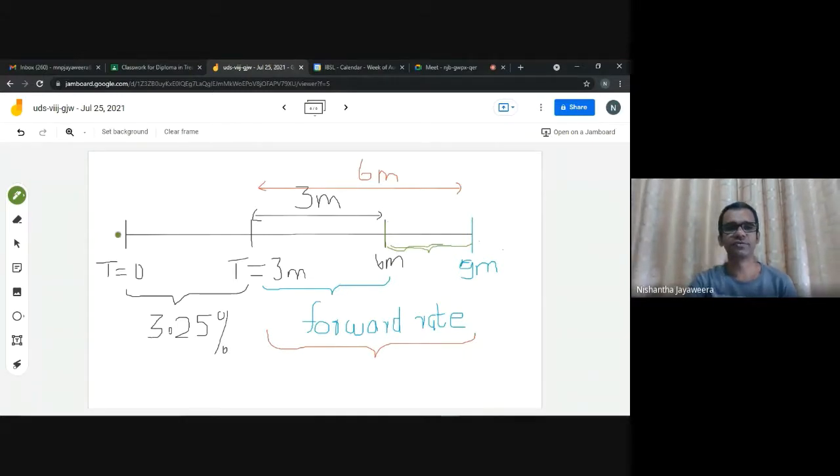You don't wait till 6 months to fix the interest rate for a future 3-month period. We fix that interest rate today, then we call those interest rates forward rates. Is that clear?